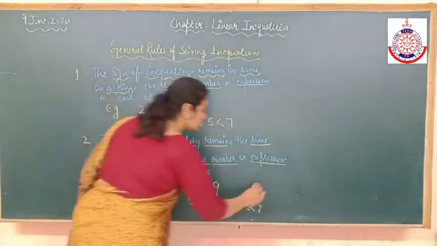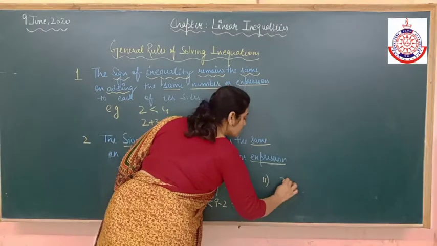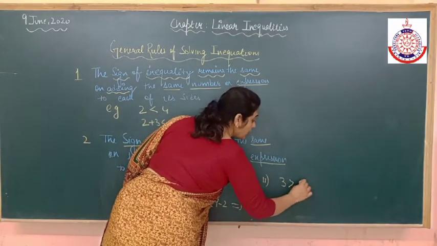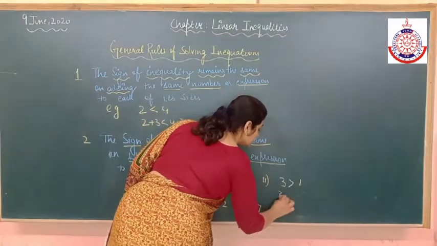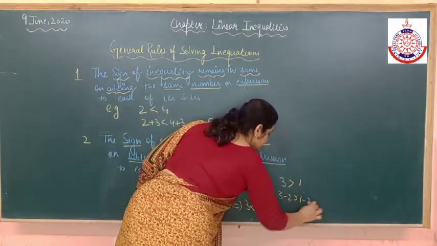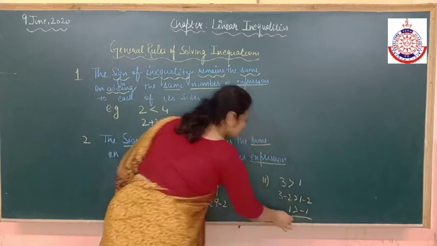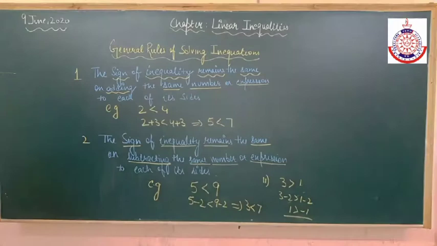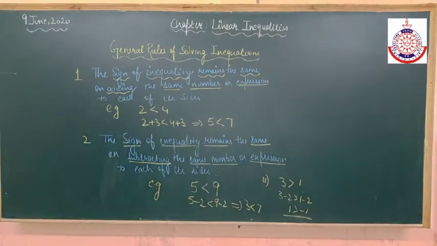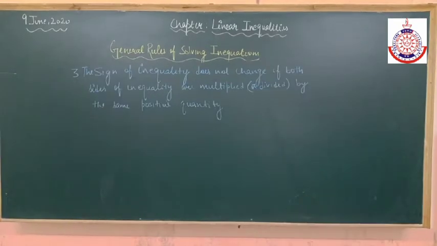Or 3 is greater than 1, and if I subtract, say, 2 from each side, that's true. Is it clear? So we can add or subtract the same expression on each of the sides of the inequality. The sign of inequality does not change.